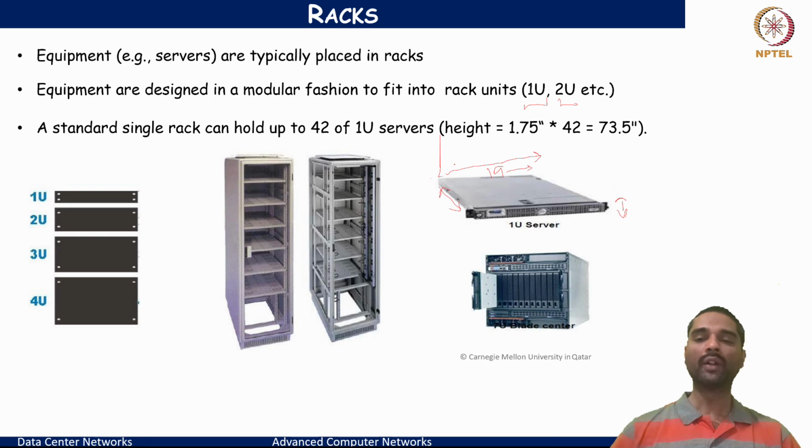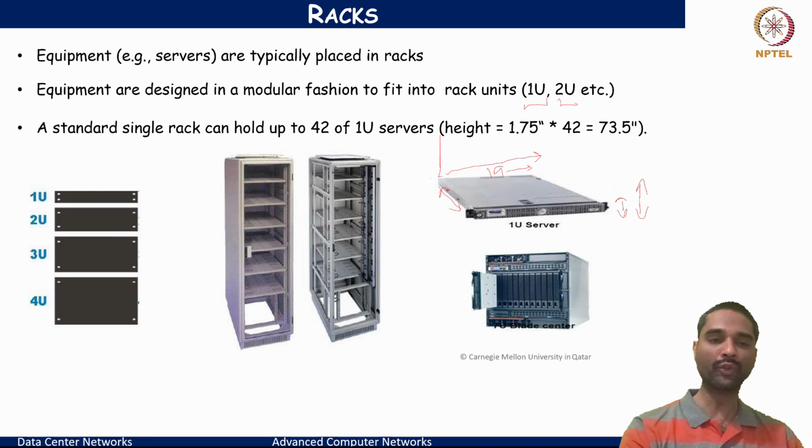And typical compute engines or storage engines that we get may be of different sizes in terms of the height unit. This could change from 1U to 2U to 3U, 4U, and we may even have 8U devices that can be placed within these racks.